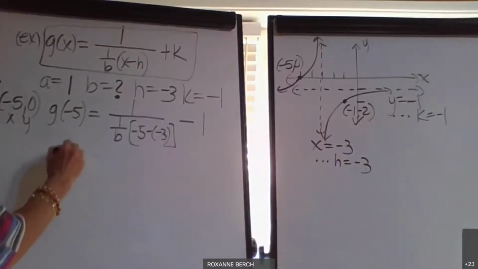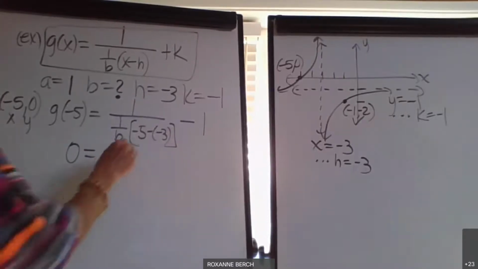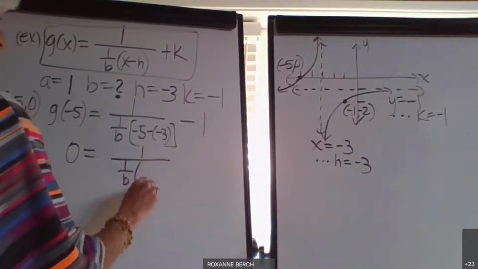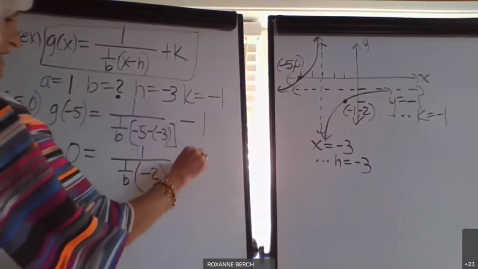So G of -5 would be 0. So we have 1 over B times -5 plus 3 is -2, minus 1.